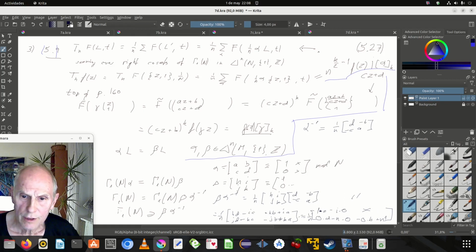We have to continue up here. This gives n divided by n, that's unity, don't care, naught, and n divided by n, that's unity. So it is actually in gamma 1 of n.